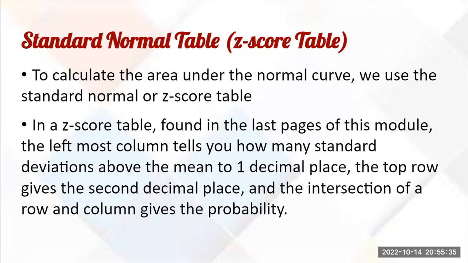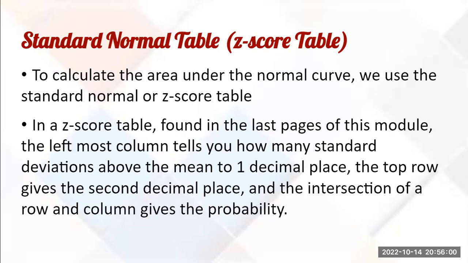So for example, it's 1.25. The first decimal place is 2, so 1.2. So you look for 1.2 on the first column at the left. And then the top row of the table gives you the second decimal place.